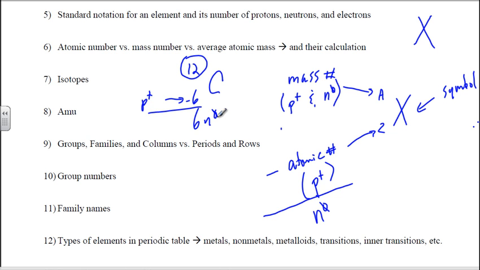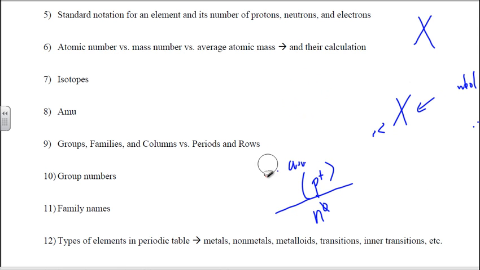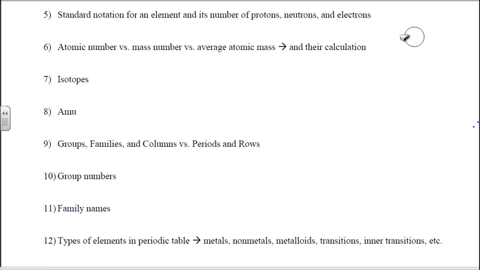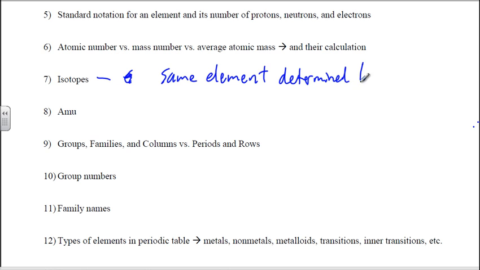Okay. Isotopes, know that definition. I'll probably just ask it in definition form. So an isotope. Isotopes are elements, or the same element. Let's do this. Same element. And you should know what determines your element. So I'm going to say determined by number of protons.